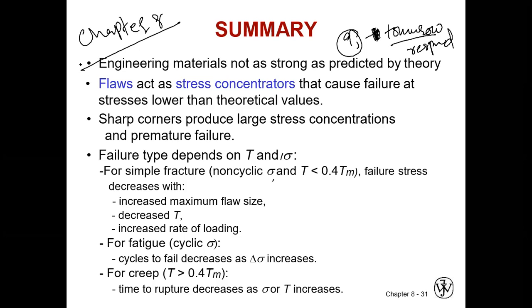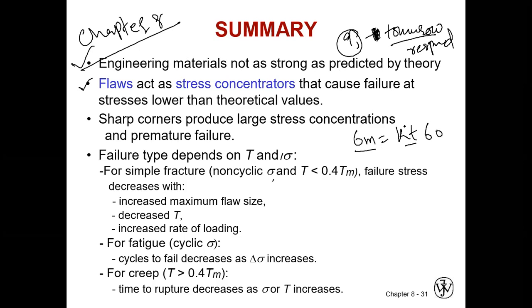Okay, so this is the summary of chapter number 8. First of all, we said that engineering materials are not as strong as predicted by the theory, right? And flaws act as stress concentrations. They cause failure at a stress lower than the theoretical stress. So you remember this equation, right?